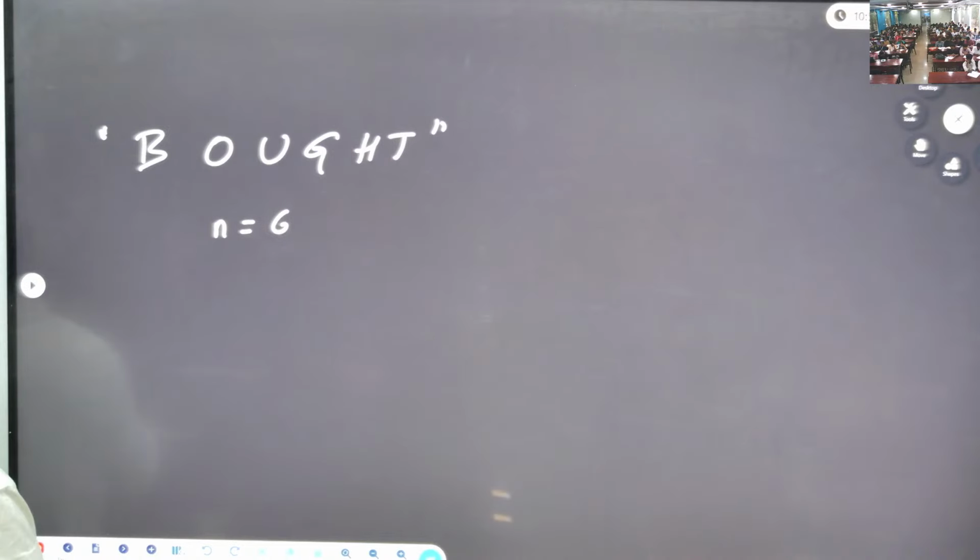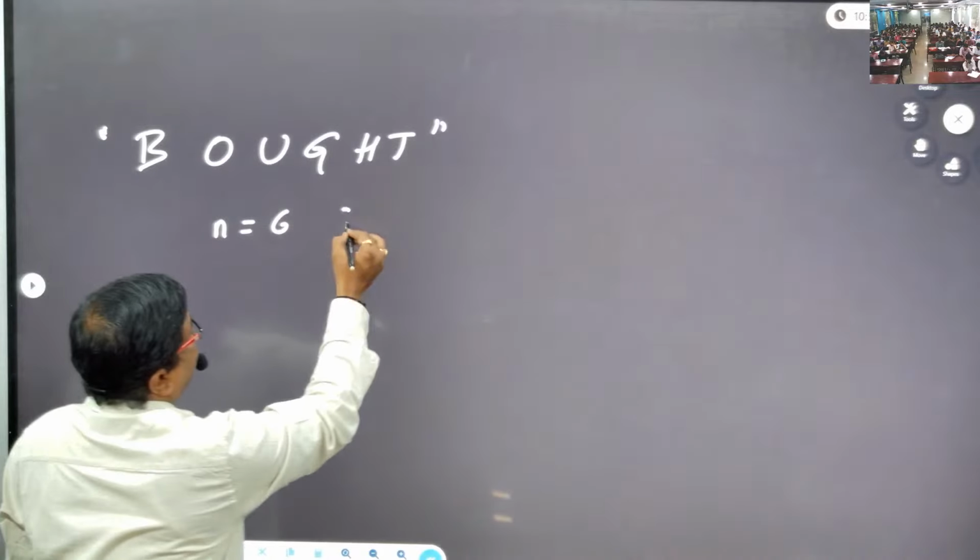So what is the formula that you are going to get? NPR. So you will be getting repeated values or not repeated values? Not repeated values. That is your R value is also 6.